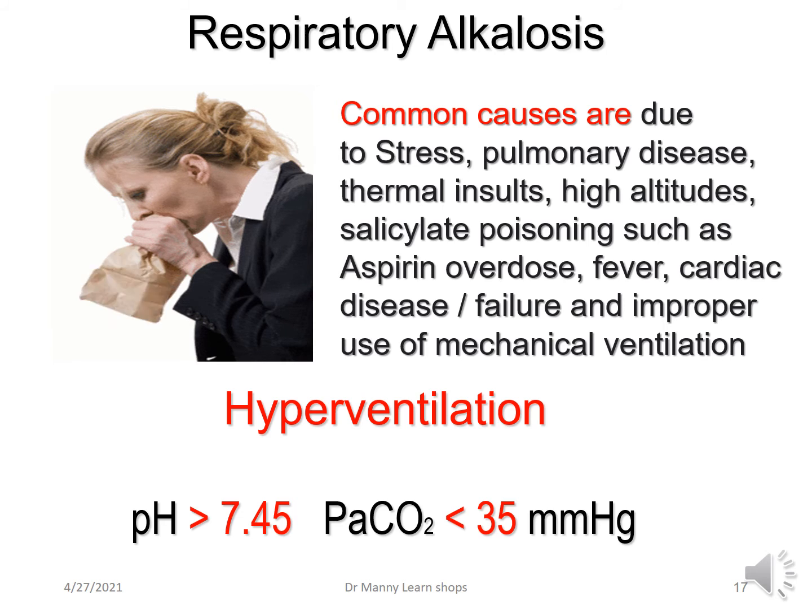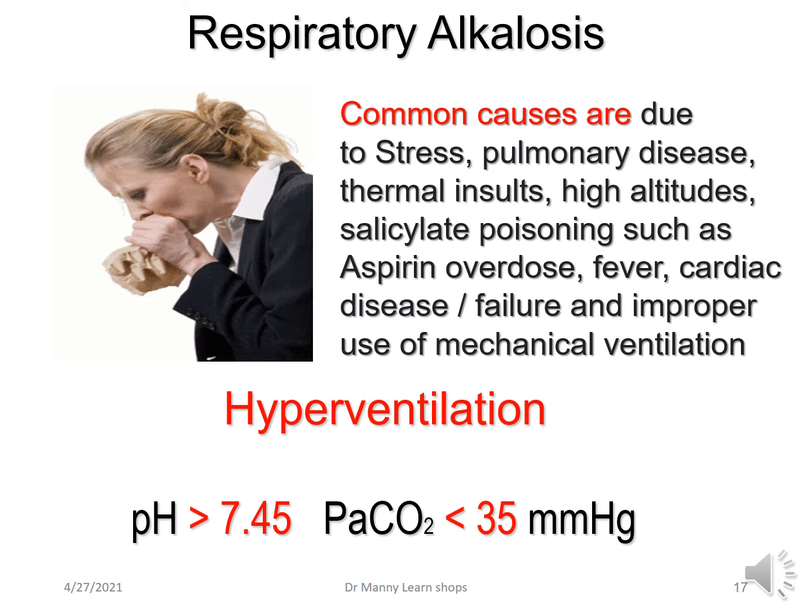Pulmonary disease, heat, thermal insults, high altitude sickness, salicylate poisoning such as aspirin, acetaminophen overdose, fever, cardiac diseases or failure, and sometimes even in acute care areas such as improper use of mechanical ventilation, hyperventilating them, or even in the previous one, respiratory acidosis, hypoventilating them.